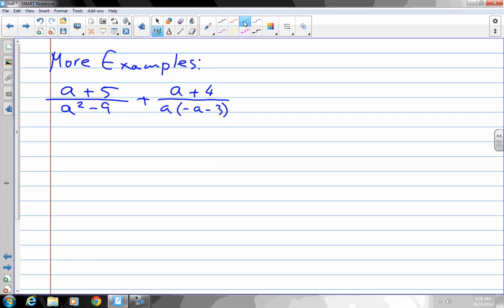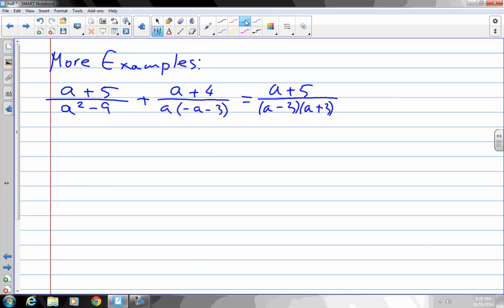So denominators are different, right? We'll have to find the LCD. In order for us to find the LCD, we have to do some factoring, right? How would you factor this first denominator? Right, so the first denominator breaks down into a minus 3, a plus 3, right? That's the difference of squares.